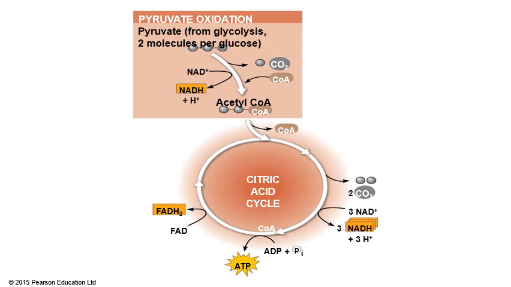Then it can go through the citric acid cycle. They reduce 3 molecules of NADH and 1 molecule of ATP, that's the substrate level phosphorylation, and FADH2 gets reduced from 1 molecule of acetyl coenzyme A.